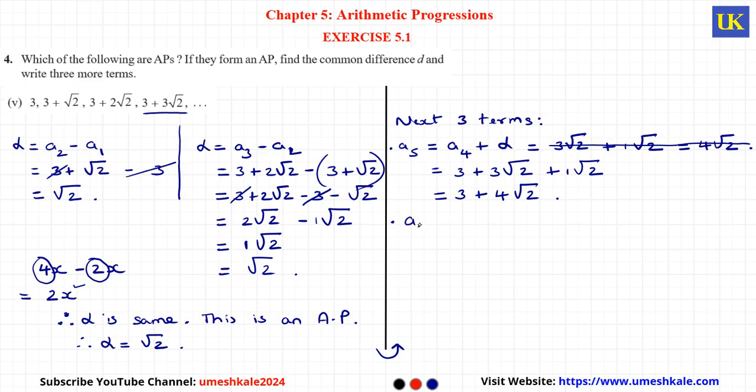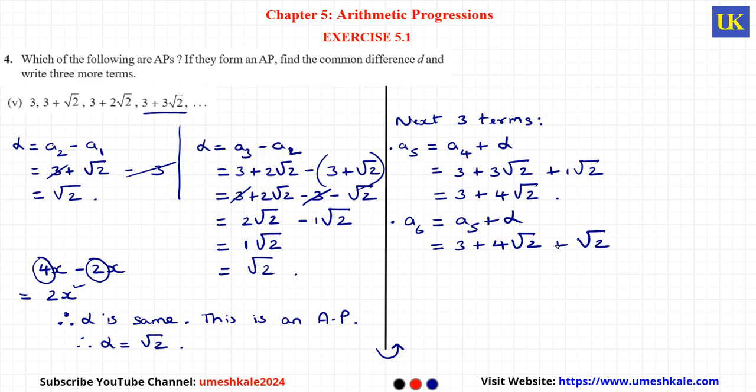Now we will find A6 term. For that, I'll just rub this thing. So here A5 plus D. So A5 is how much? 3 plus 4 root 2. Just now we found out here. Plus D is how much? Root 2. So this 3 as it is I will write, and 4 root 2 plus 1 root 2 is 5 root 2.